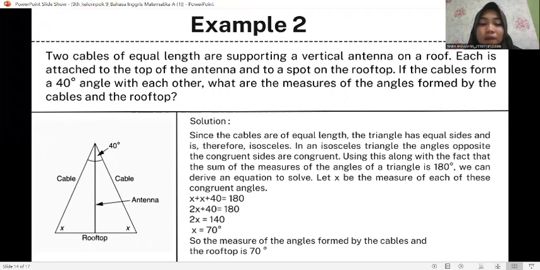If the cables form a 40 degrees angle with each other, what are the measures of the angles formed by the cables and the rooftop? Okay, the solution is, first we can draw a rooftop.